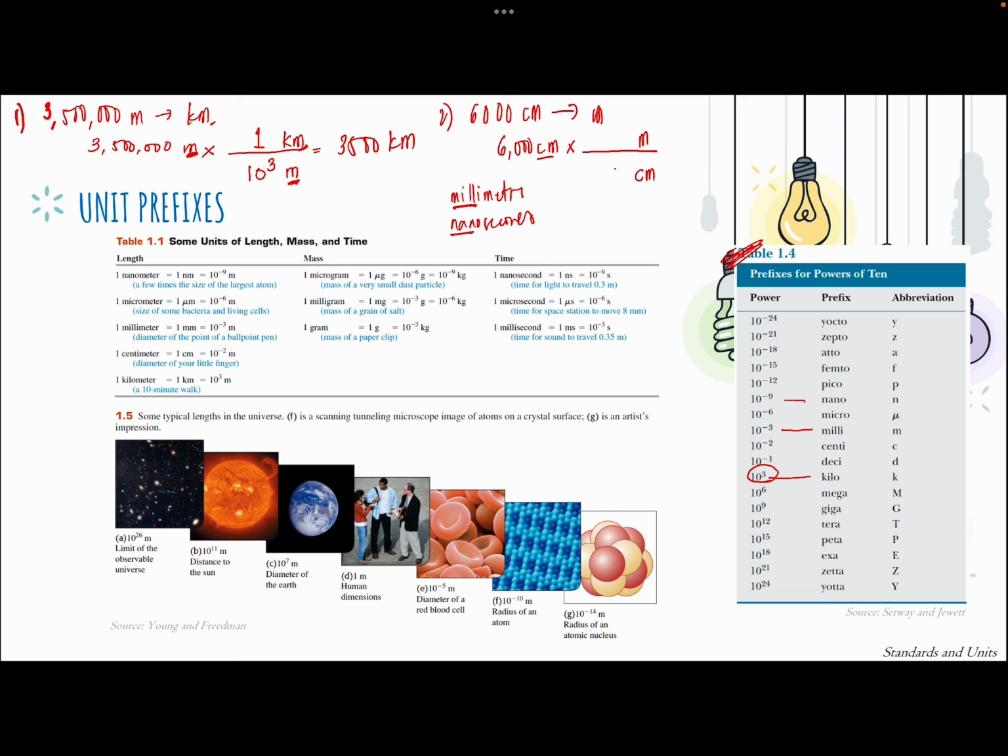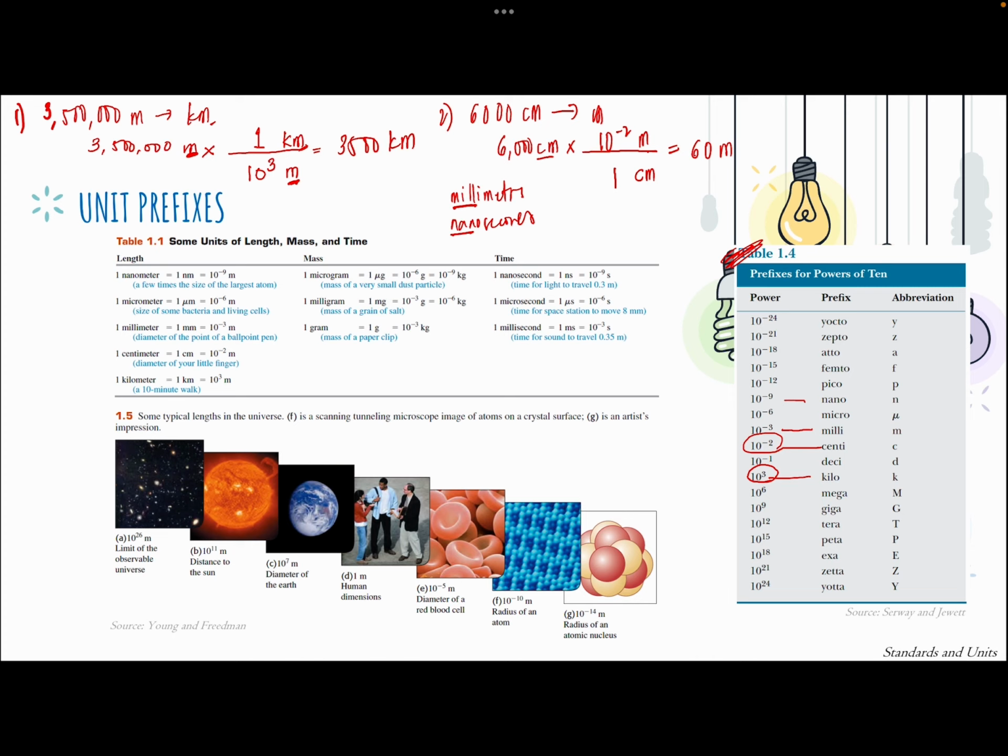Then ilalagay mo dito 1. Then yung katabi ng meter na unit is yung nandun sa table. So, centi. Ano bang centi? It's 10 raised to negative 2. And using your calculator, or gusto ninyo i-mental, sige, this is equal to 60 meters. So, 6,000 centimeters is equal to 60 meters. Okay.